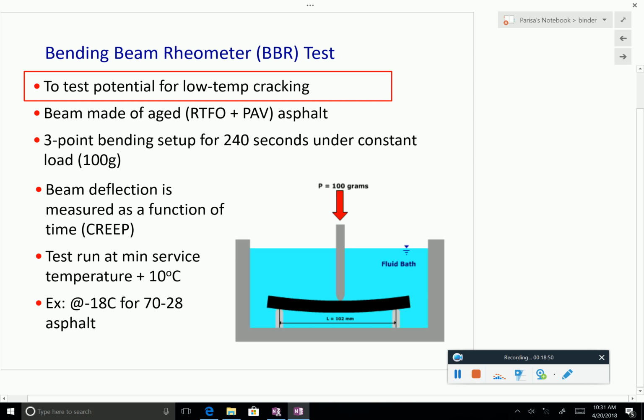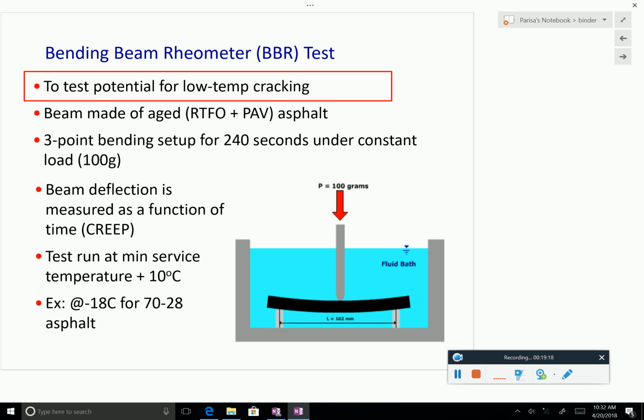And there is another test which is looking at low temperature cracking. We saw that this is one of the things we are interested in. This is a very elaborate test, very hard to do. If you ever do an internship for PennDOT or you have to do any of this, it's very hard to do. You need to put the beam inside water, and you actually do 3-point bending.